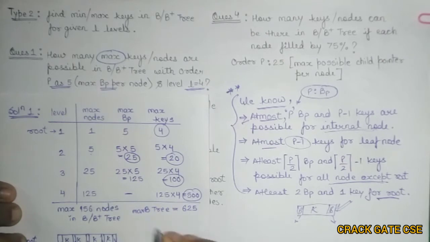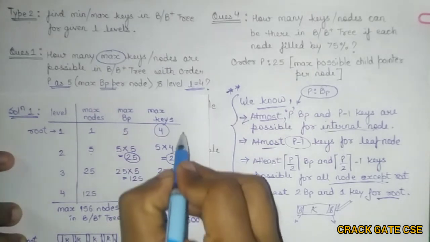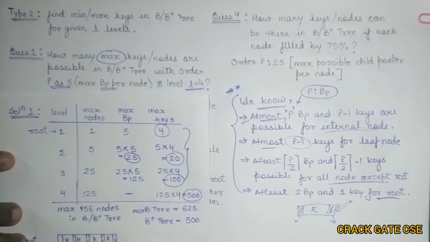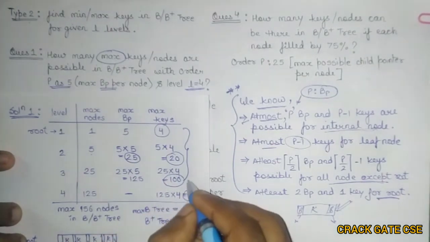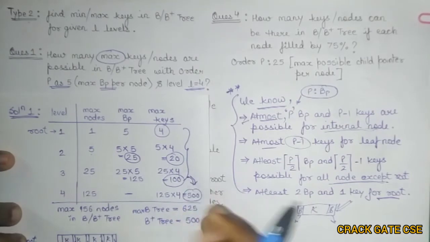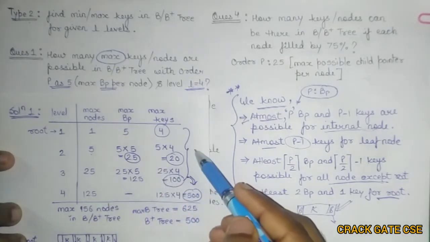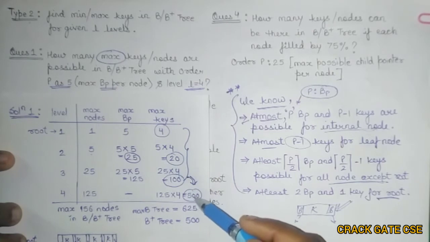But if you talk about B plus tree, in B plus tree it will be 500, because we know that all the keys that are stored in the internal nodes are the ones which are already present in the last level. Because in the last level we are having a key record pointer, so all the keys which are present in the internal nodes are also present in the last level.